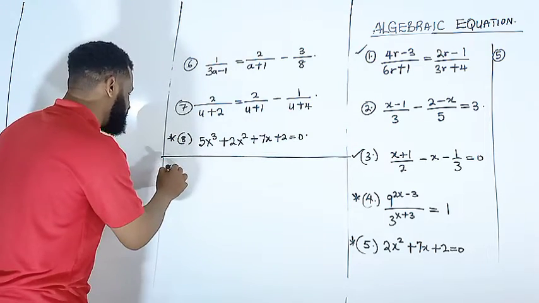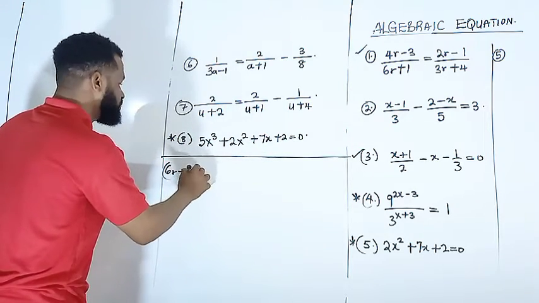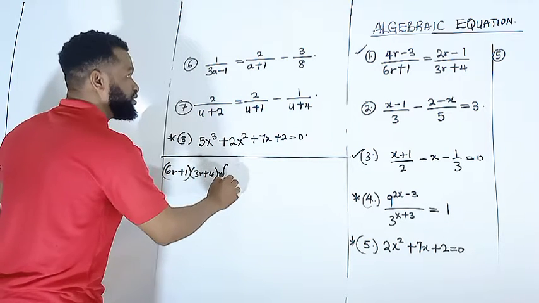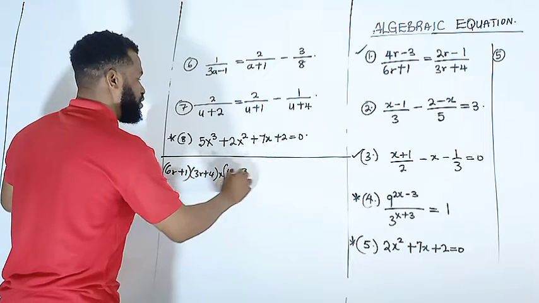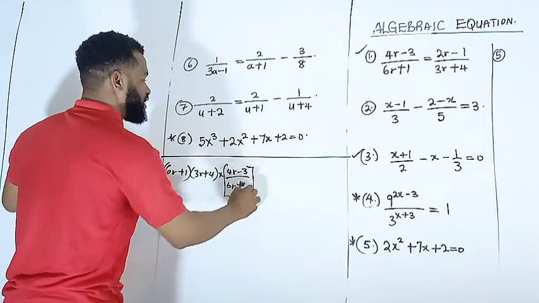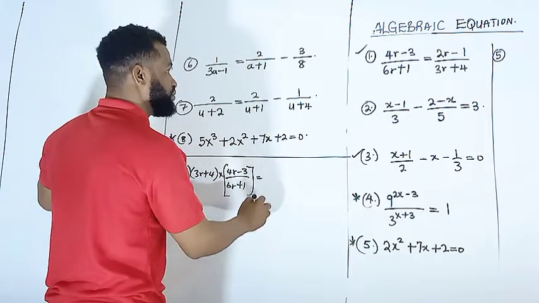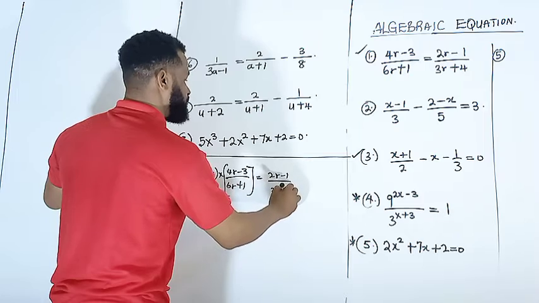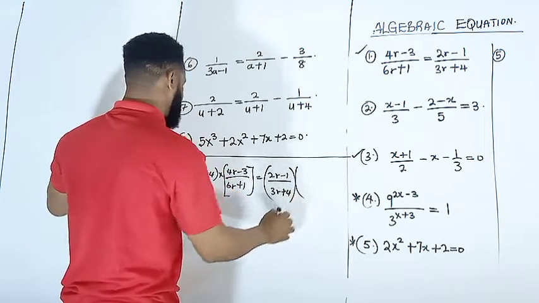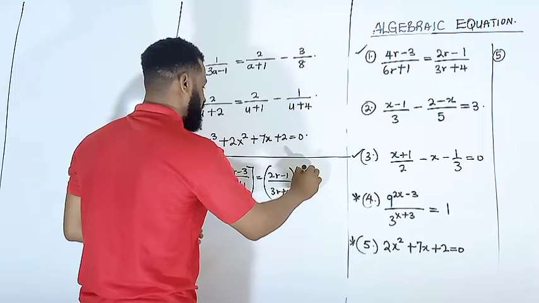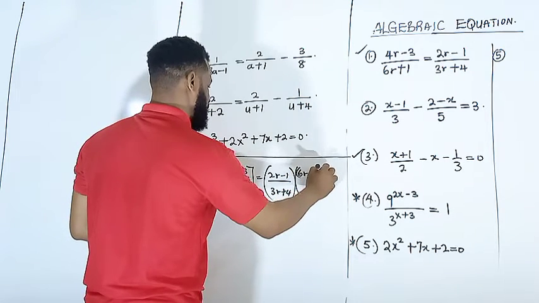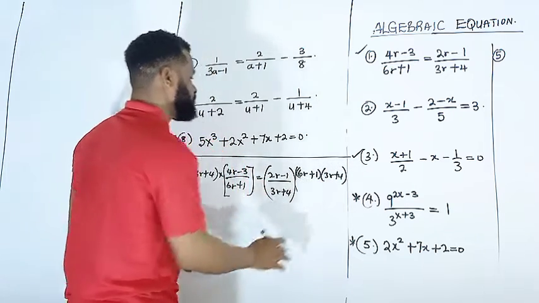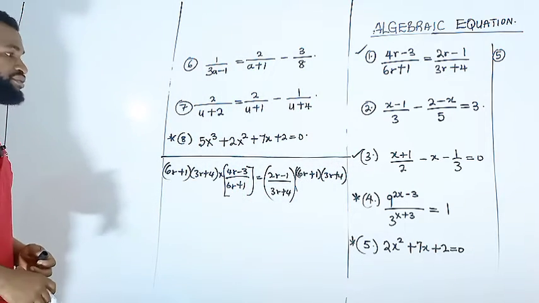So what I'm going to do is (6r plus 1)(3r plus 4) multiplied by the whole of (4r minus 3) all over (6r plus 1), and this is equal to (2r minus 1) all over (3r plus 4), then multiplied by the LCM, (6r plus 1)(3r plus 4).